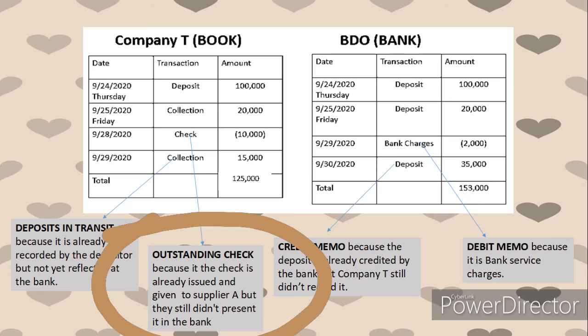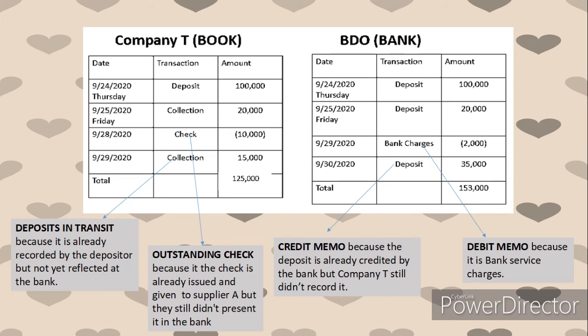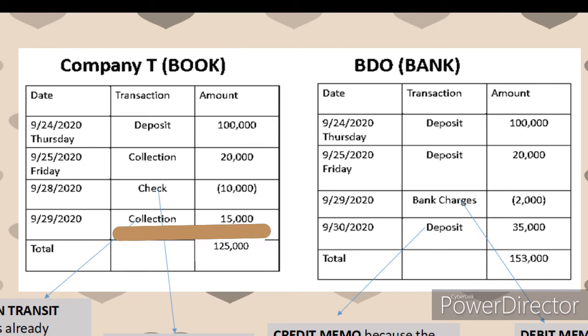Outstanding check, because the check has been issued and given to the supplier but has not yet been presented to the bank. September 29, 2020, transaction: collection, amount 15,000.